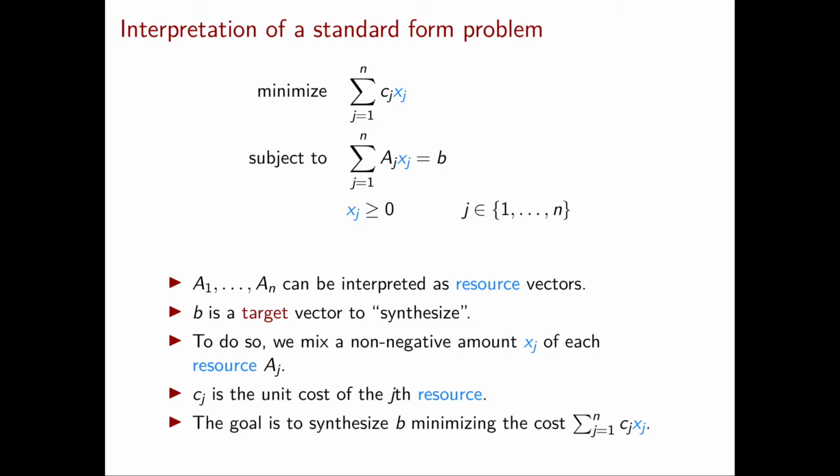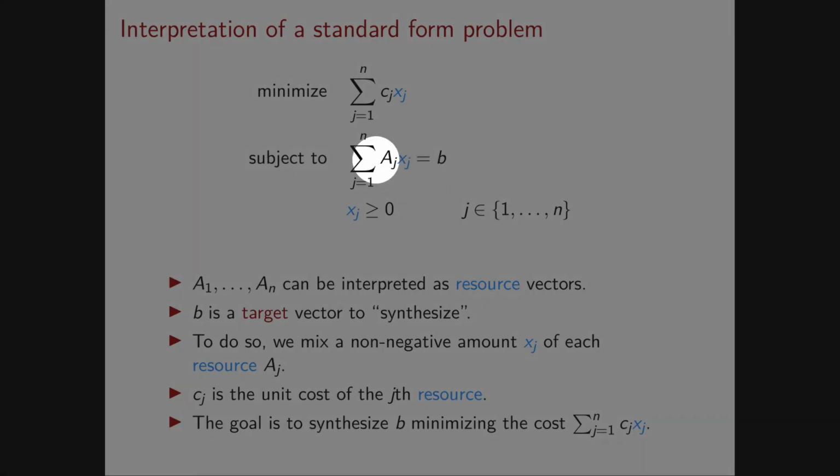At this point, the idea is to interpret all the columns Aj as resource vectors, while we interpret b as the target vector that we want to synthesize. To obtain this target vector, we want to mix our resource vectors, and each one should be used only with a non-negative amount, which is our xj.